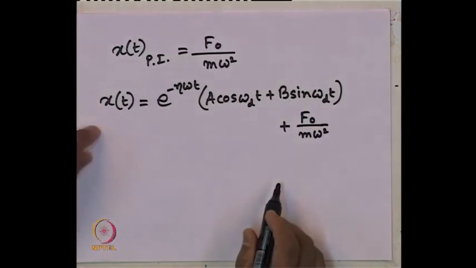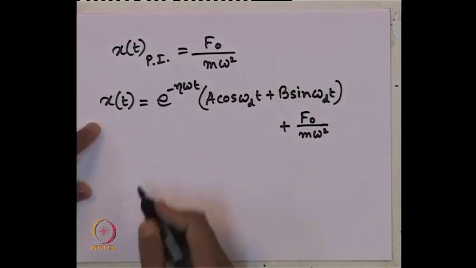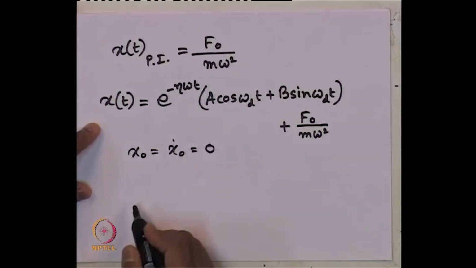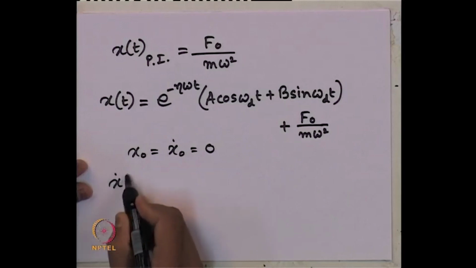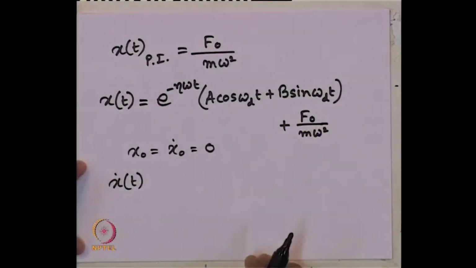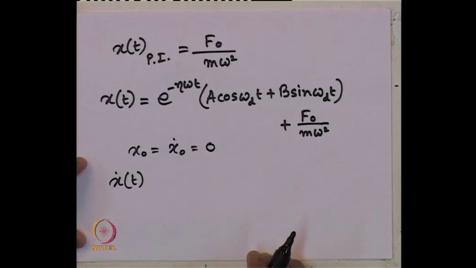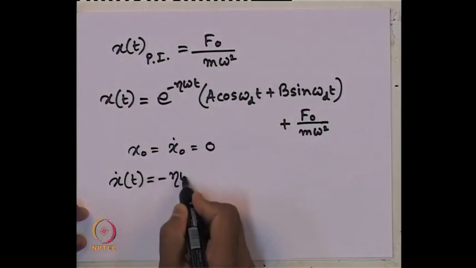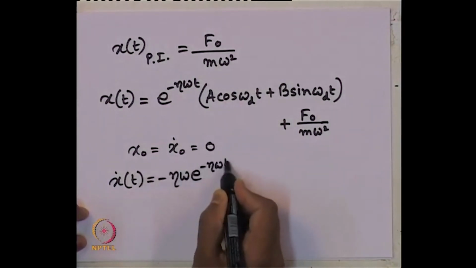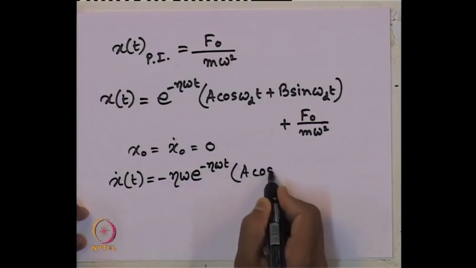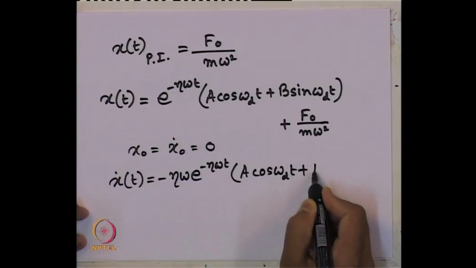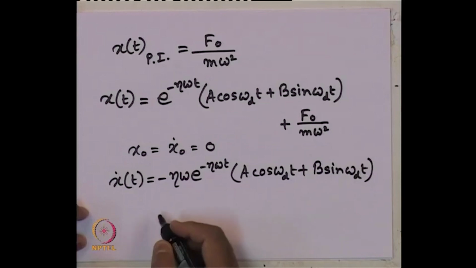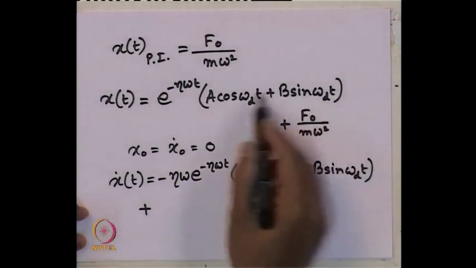And on this total solution, we have to now apply the initial conditions, which are given to us as all 0. So, what we can do now, let us differentiate this total solution to get the expression for the velocity. What will we get? I am differentiating this first. It gives me minus eta omega e to the power minus eta omega t; it remains as it is, a cosine of omega_d t plus b sin of omega_d t, plus, next I am differentiating this component.